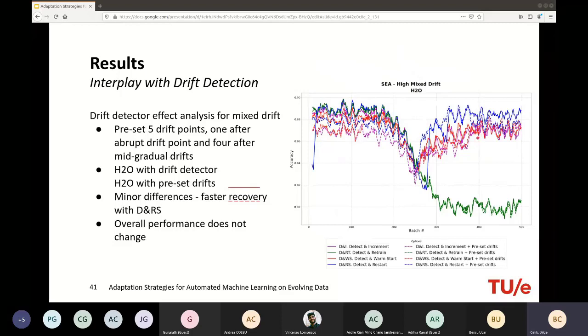When we look at the graphs, we can see that there are only minor differences, although it does recover a little faster for restart. But generally, they perform quite similarly, which means that the drift detector probably doesn't affect the performance.